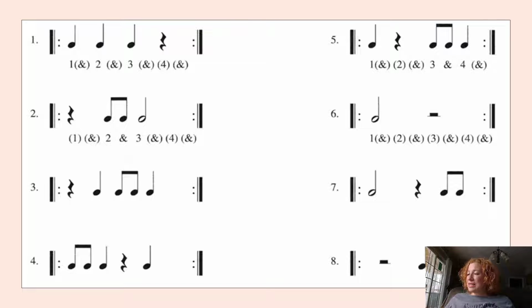So if we do a little bit of sight reading, basically we're just going to be silent for the parts that are rests. So let me do number 5. So if I count it out, 1, 2, 3, 4. Super basic, right? Just don't clap on the parts that are rests.